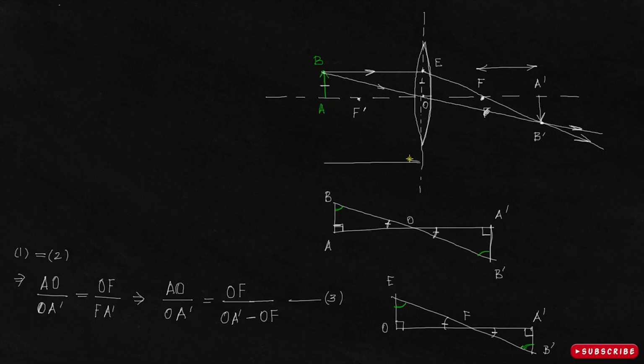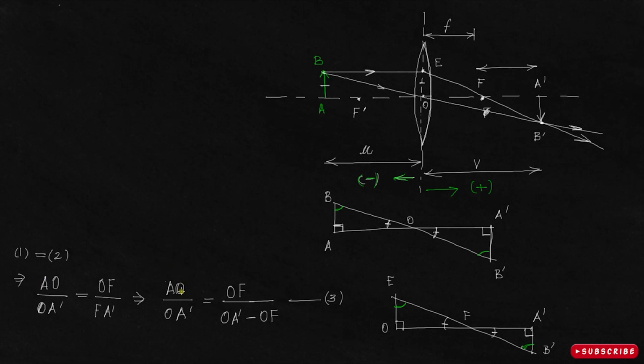We usually take that as the object distance U, and the distance of the image, that is A dash B dash, from the optic center, we take that as V. And we know the distance of the focus from the optic center as focal length F. Also one more point: all the measurements to the left of the optic center, that is in this direction, are considered negative, and all the measurements on the right side are considered positive. That is according to the new Cartesian system.